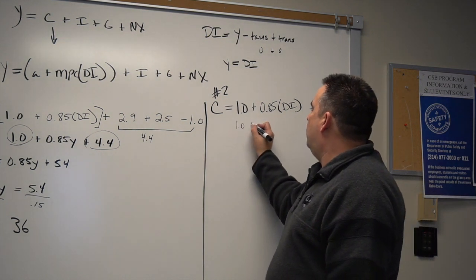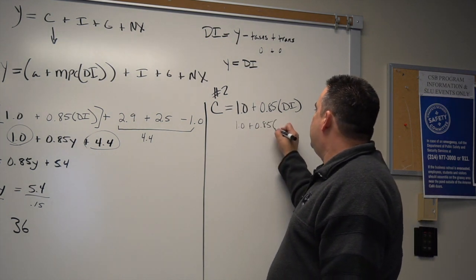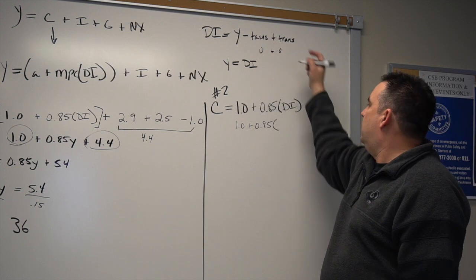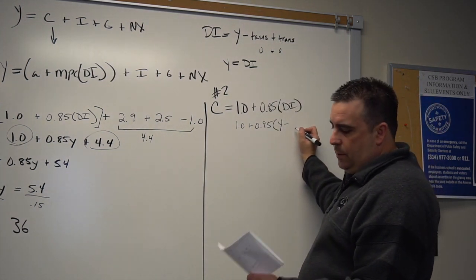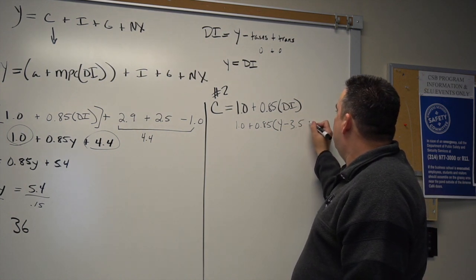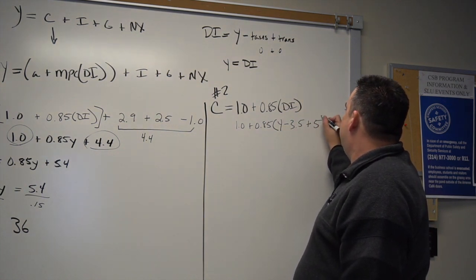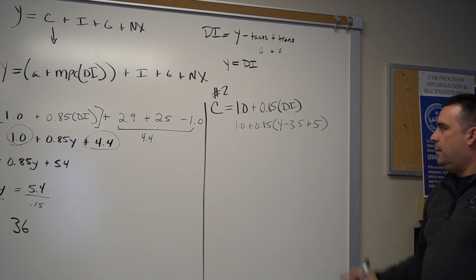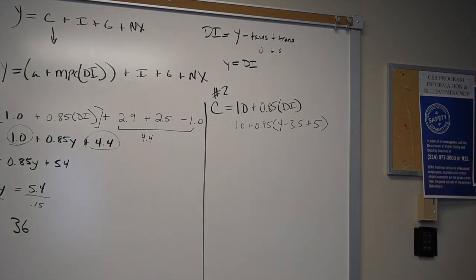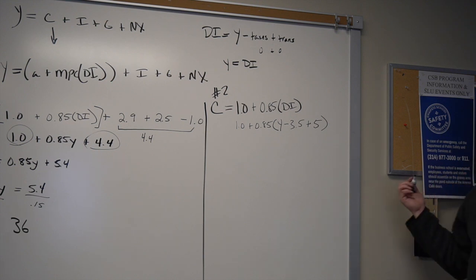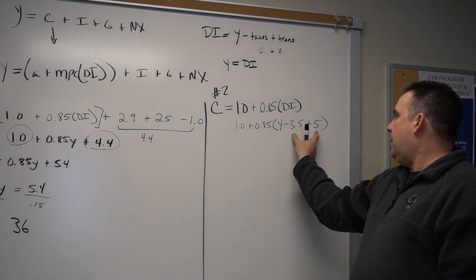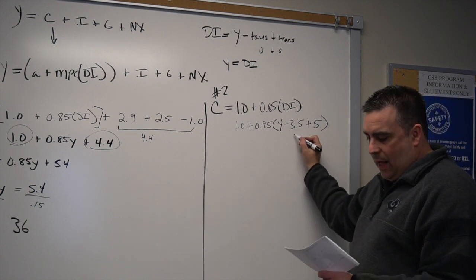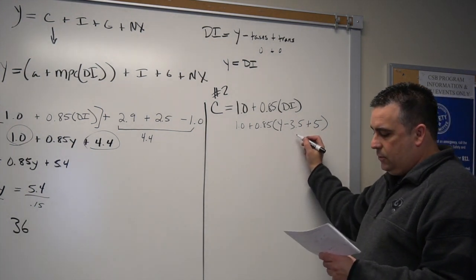Well, 1.0 plus 0.85 times, use our formula up here, y minus 3.5 plus transfers 5. So y minus T plus TR. And I can simplify this a little bit and work this through, right? I can add these two together here.